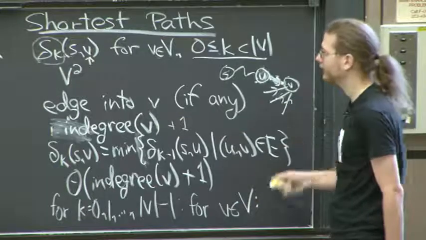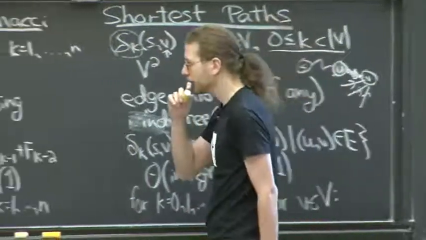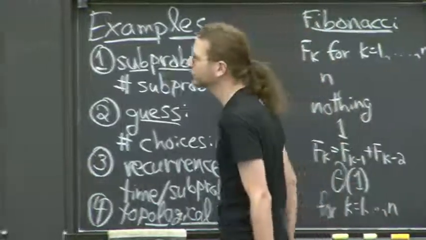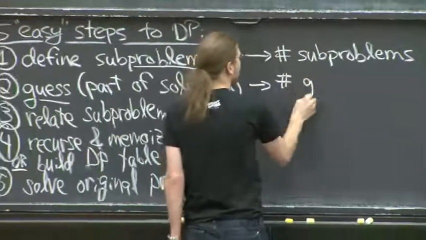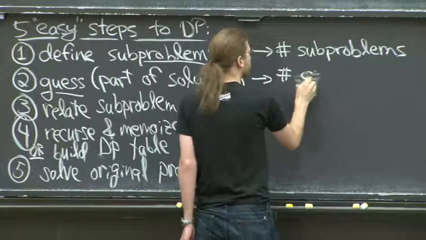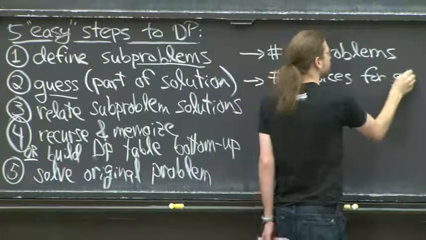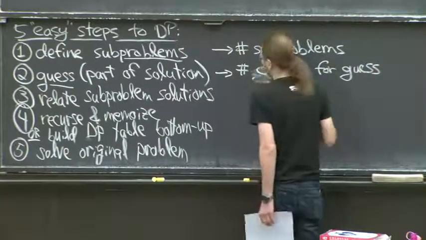And to account for the case that that's 0, we do a +1. But that's not a big deal. So that was the number of different choices. In general, if we're going to guess something, we need to write down the number of choices for the guess. How many different possibilities are there? That's our analysis.